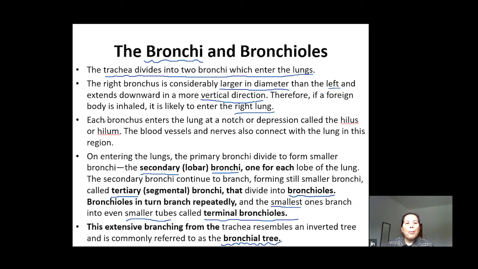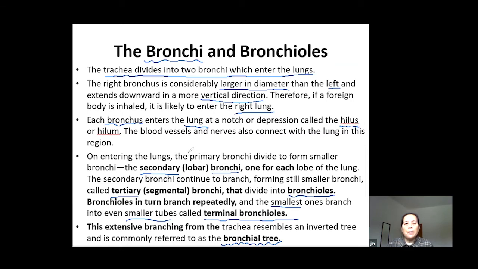And the pulmonary bronchi go inside the lungs. That area we call the hilus.